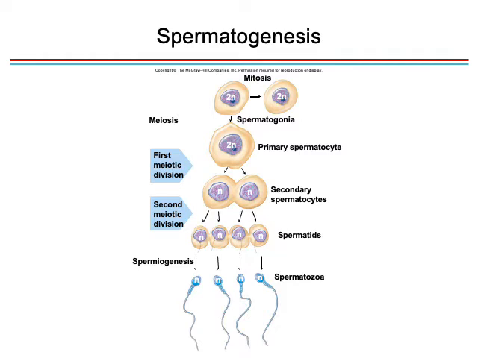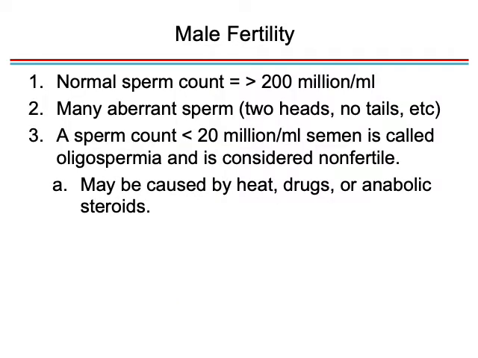Thus, one spermatocyte produces 4 sperm. Given that male sperm count is among the highest of mammals, there are a lot of spermatogonia still around within the testis.